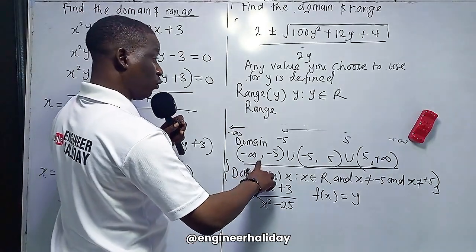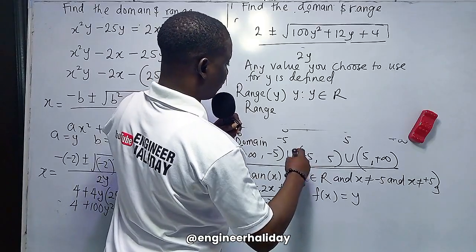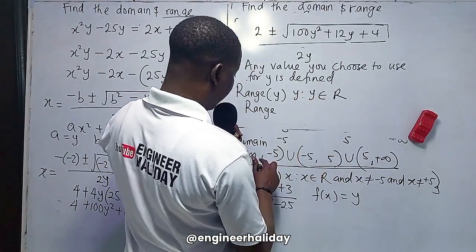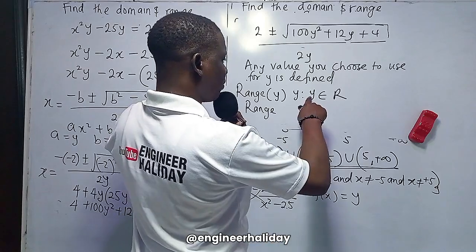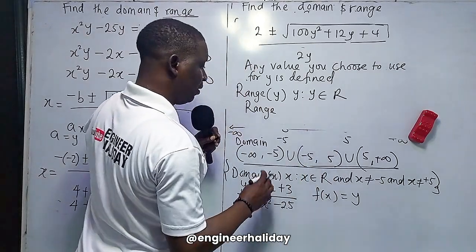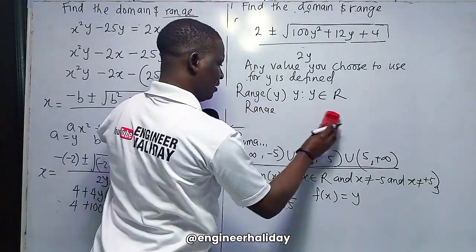If you check, the domain is all real numbers except minus 5, and the range is all real numbers for what we are seeing now. It means that it's something valid.